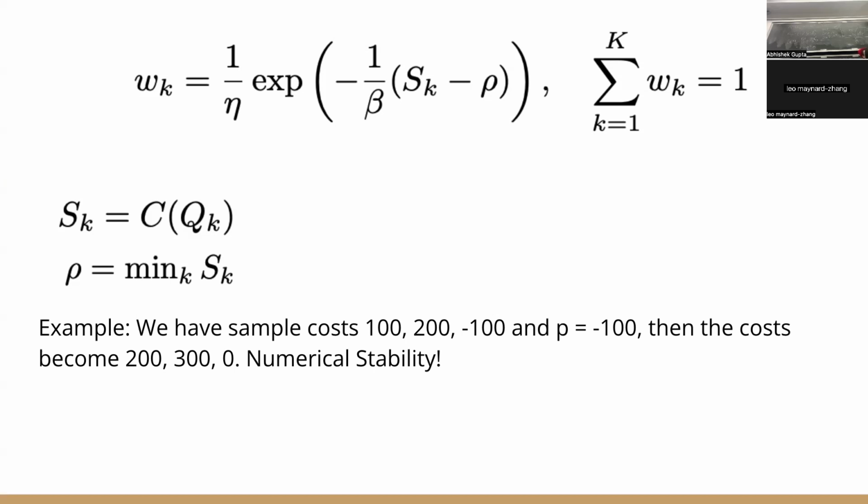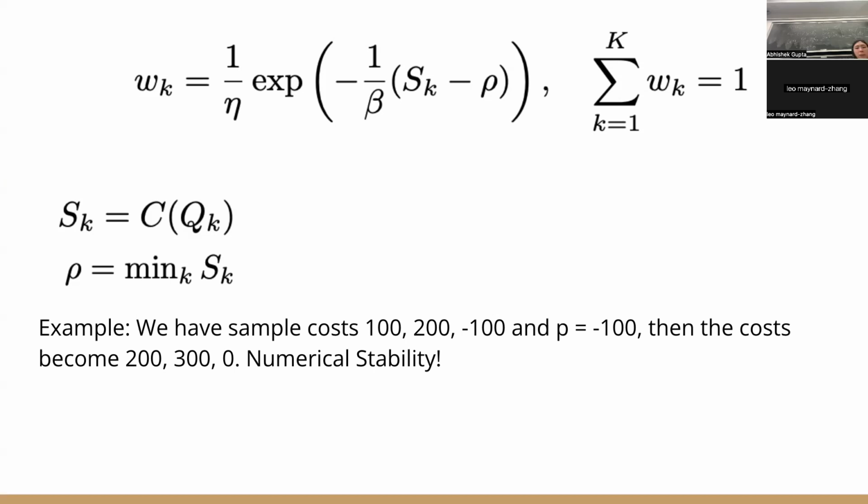And then you have this negative term here, right? What is that? It's essentially to flip the relationship of the exponential. So as the cost gets large, the term becomes more negative, and that makes the weight smaller and closer to 0. We want high cost to have low weights and low cost to have high weights.